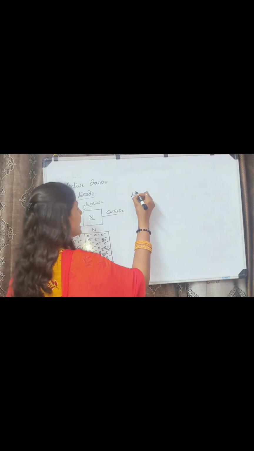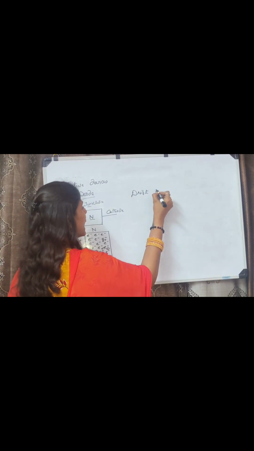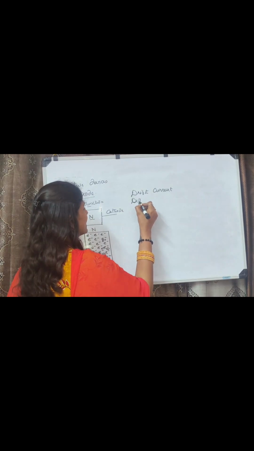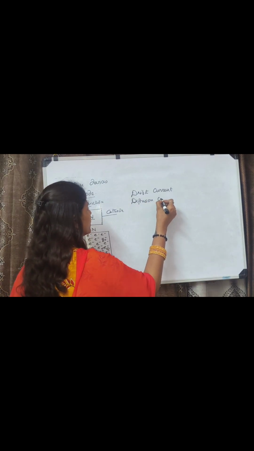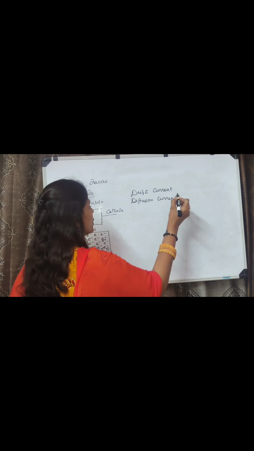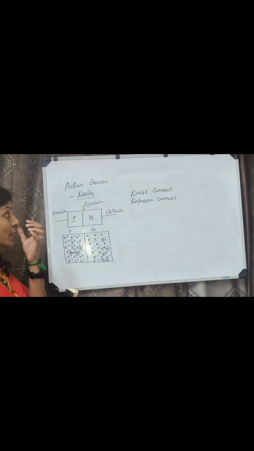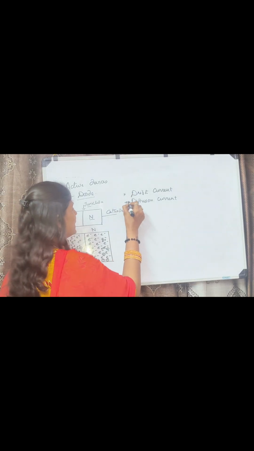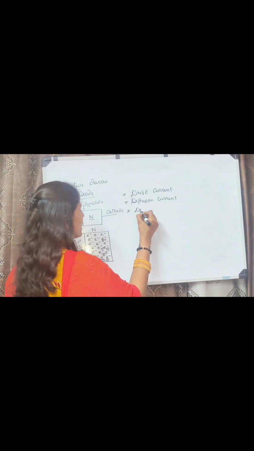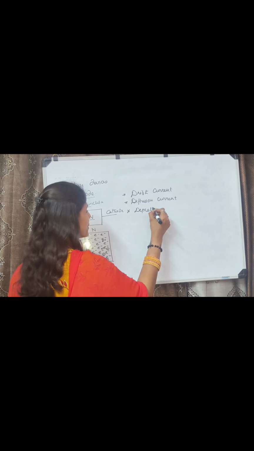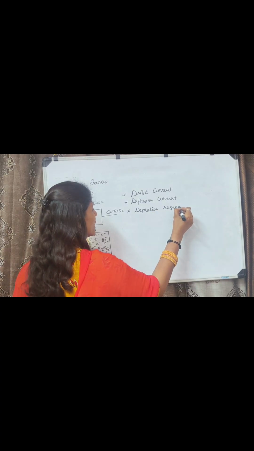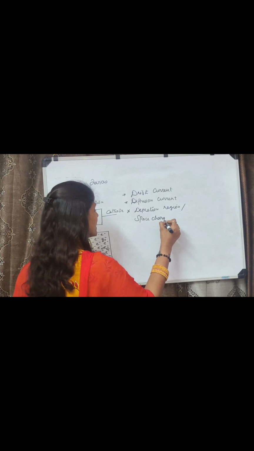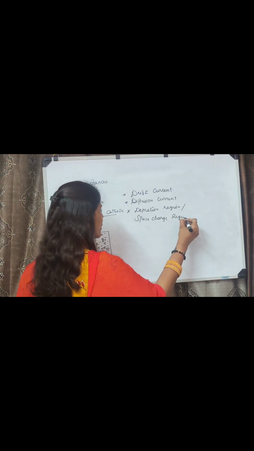Okay. See, there are two types of current. One is drift current and another one is diffusion current. These two words you should know, as well as you should understand what drift current and diffusion current are. Another one I want to introduce is the depletion region. The depletion region we can call a space charge region also.